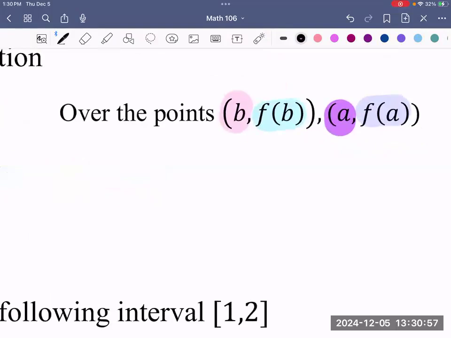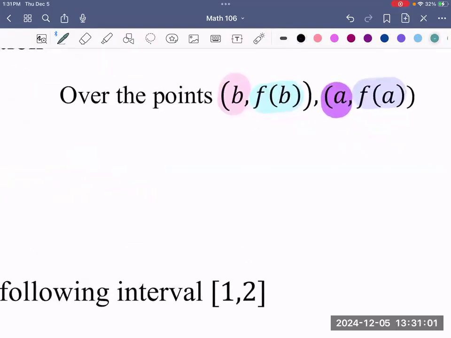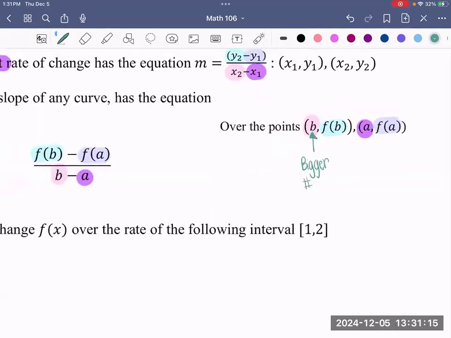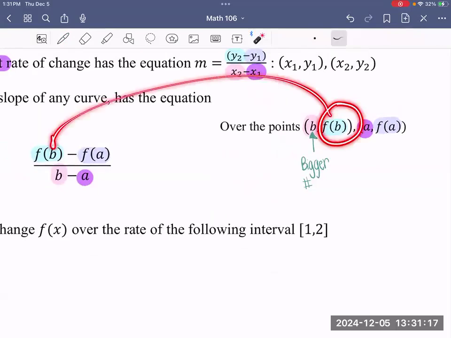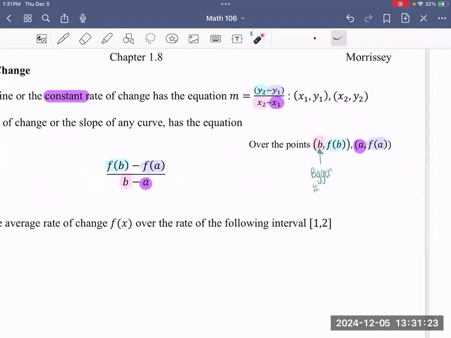Think about b, because we want to stick with this formula, as being the bigger number. We don't care if your y is bigger. You may want the bigger of the two x values to come first. Therefore, its corresponding y value should come first. So b, think bigger, and then it'll conform into this equation.